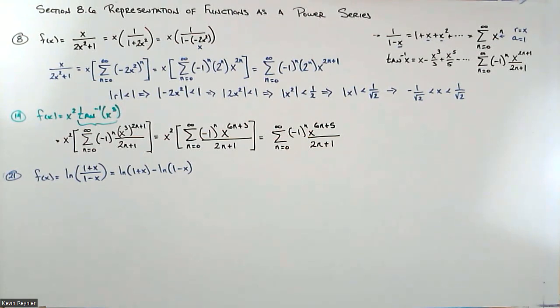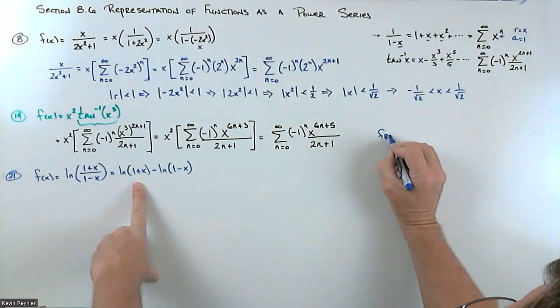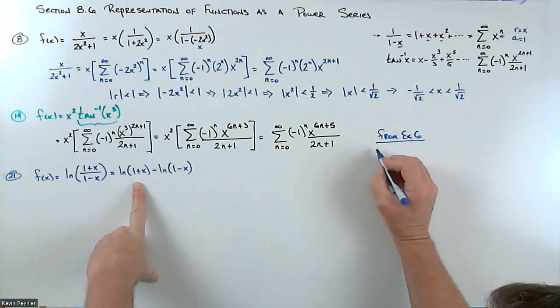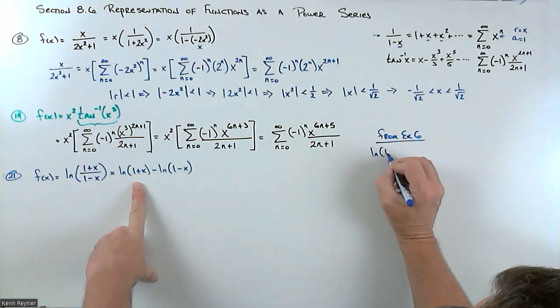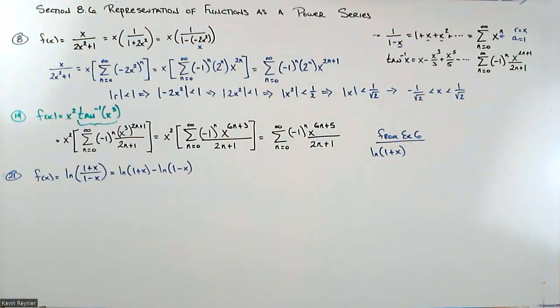Now, they gave us in example 6 the series for the natural log of 1 plus x, this one right here. They found it for us in example 6.